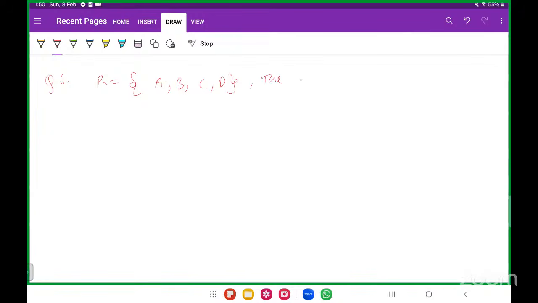AB is a candidate key and AC is a candidate key. Then how many super keys are possible?